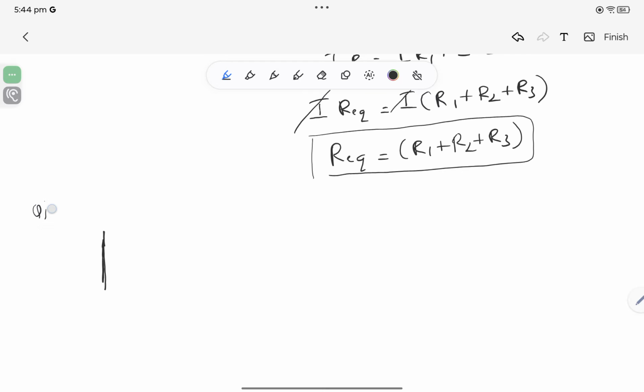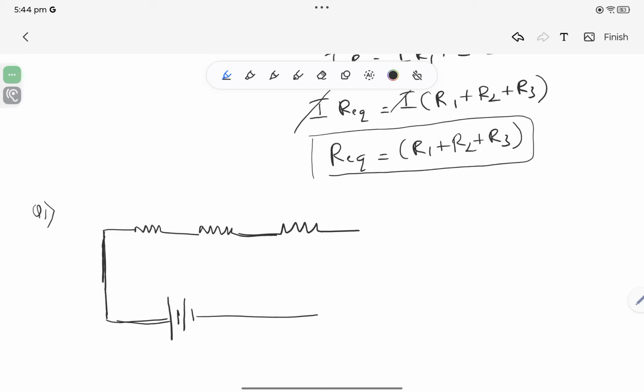Question number 1. R1 is equal to 10 ohm, R2 is equal to 20 ohm, R3 is equal to 30 ohm.